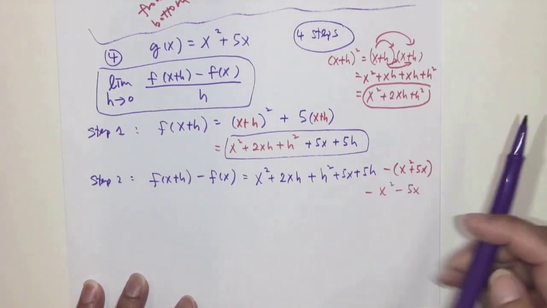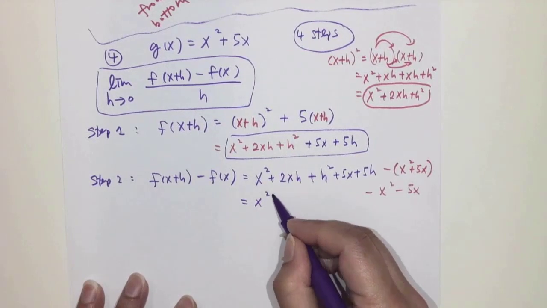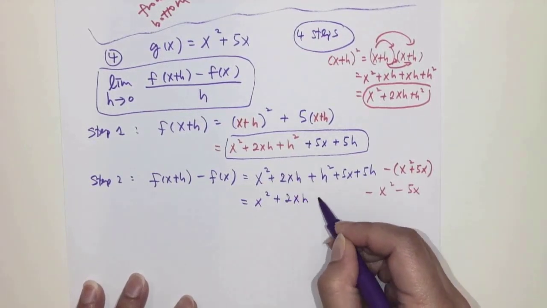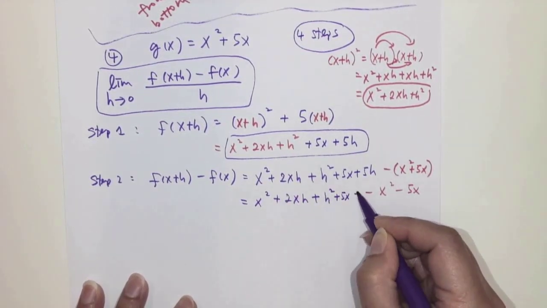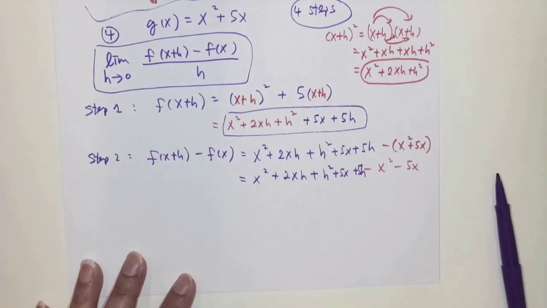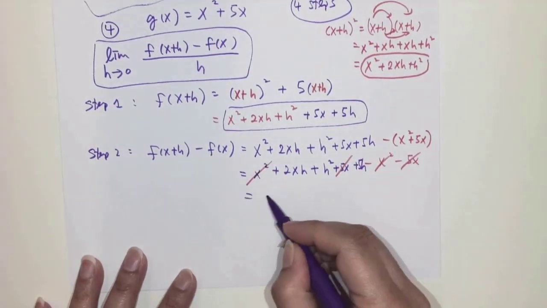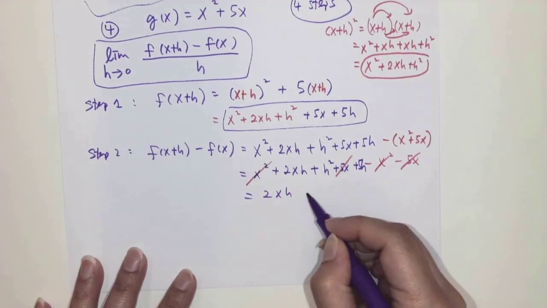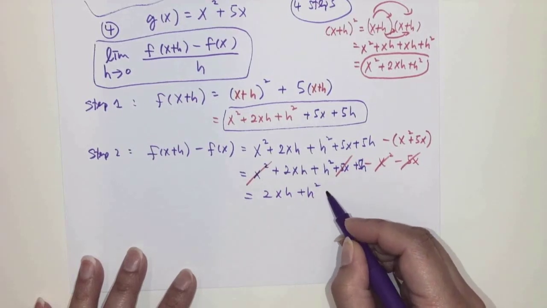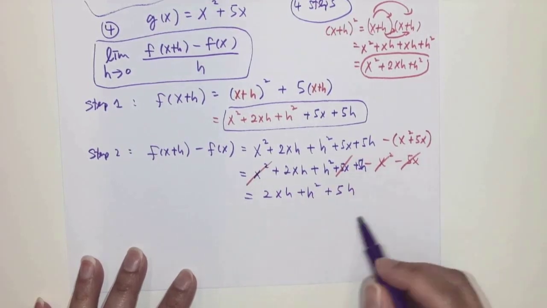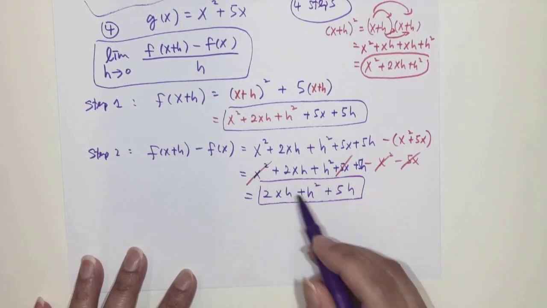A lot of the time something will cancel. If nothing can cancel, you probably did something not quite right. So I can cancel my x squared, and I can cancel my 5x. That leaves me with 2xh plus h squared plus 5h. All right, that's the second step.